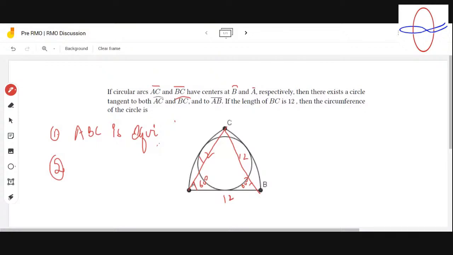So let's try to understand this now. How will you understand this totally? About the radius, can someone tell me? How do you get to know about the radius now? Tell me about the idea, guys.